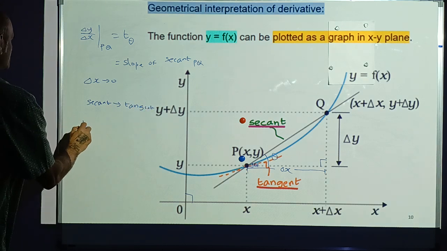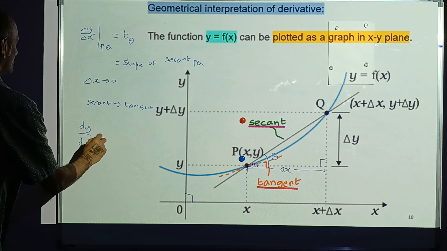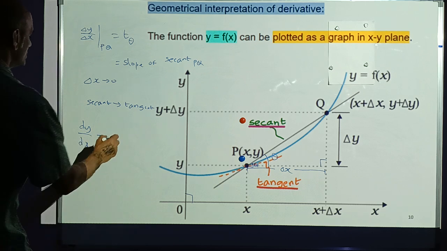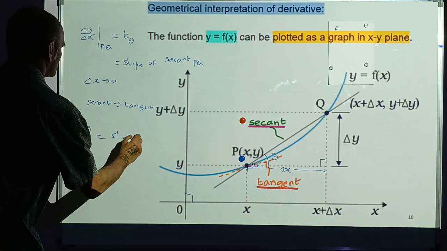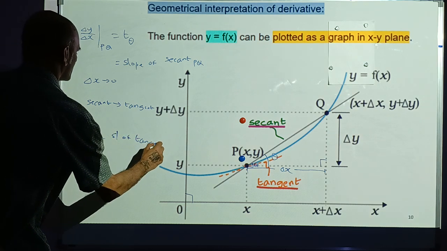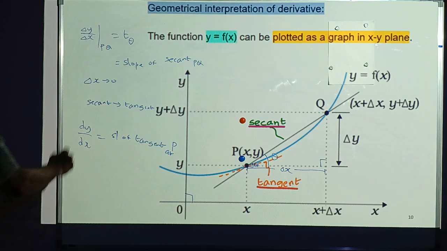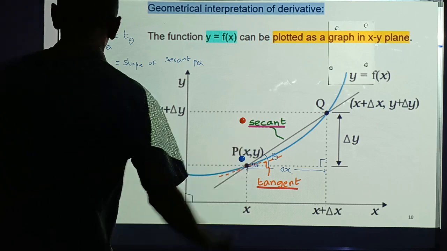So dy by dx is, in this thing you have to put the limit delta x tending to 0. So that will become slope of tangent at point P. So this dy by dx is defined at point P. So it can be defined at any point.